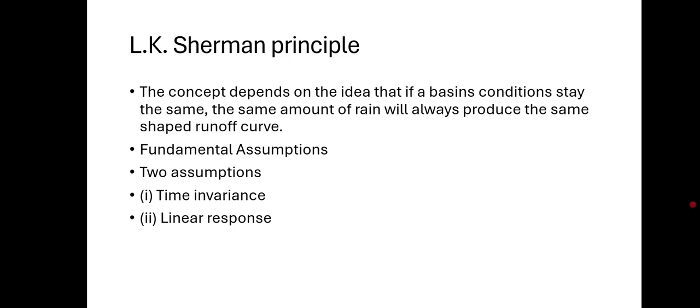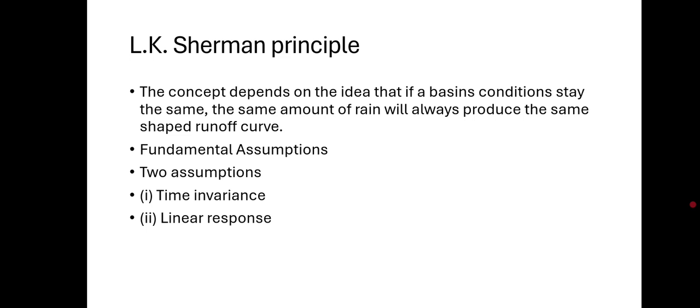The direct runoff hydrograph for a catchment and for the same duration of effective rainfall is always the same irrespective of its time of occurrence. Whether the rainfall occurs in the morning or in the evening, if it has the same duration and is happening in the same catchment area, then the runoff hydrograph will be the same.